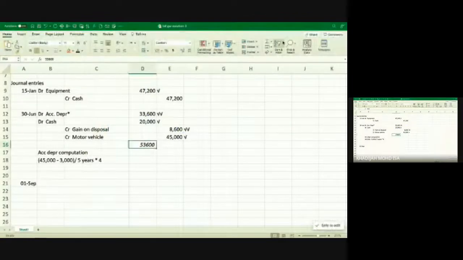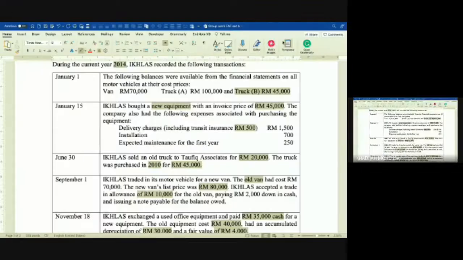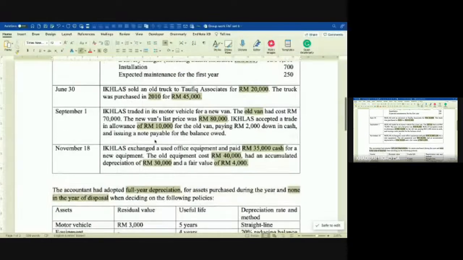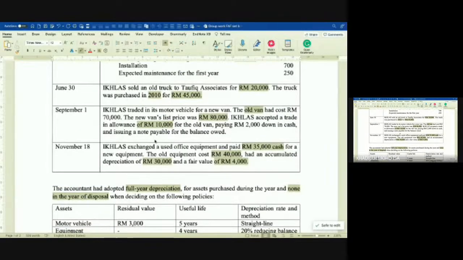Okay, next we look into the next one. June 30th done, September 1st. IKHLAS traded in its motor vehicle for a new van. The old van cost RM 70,000. The new van list price was 80,000.